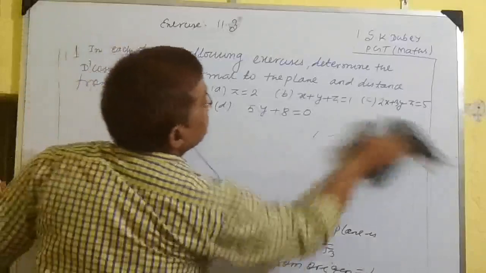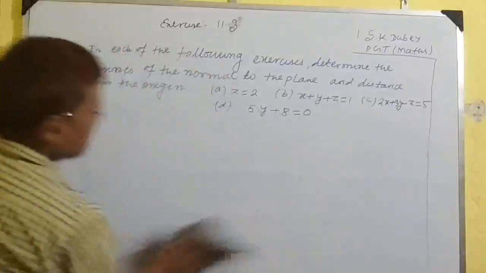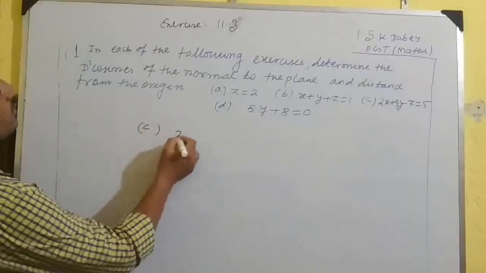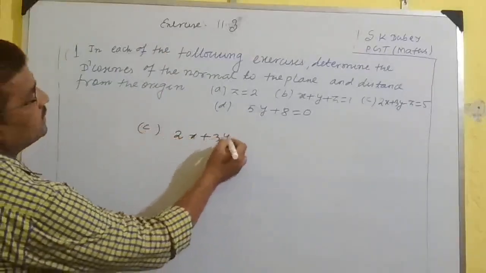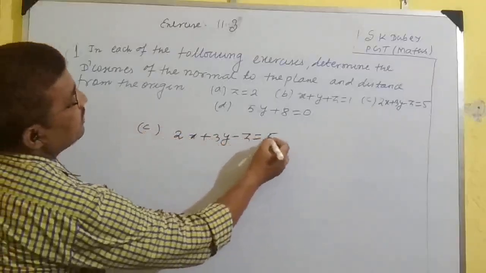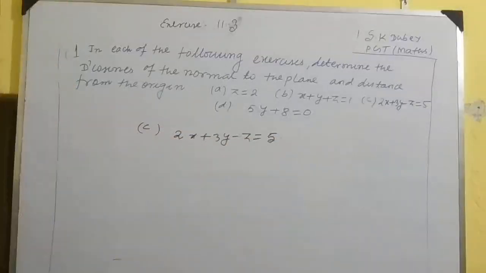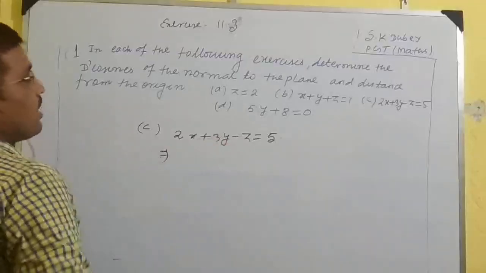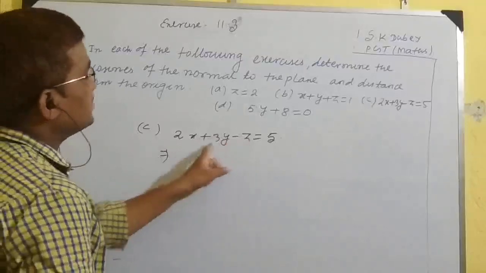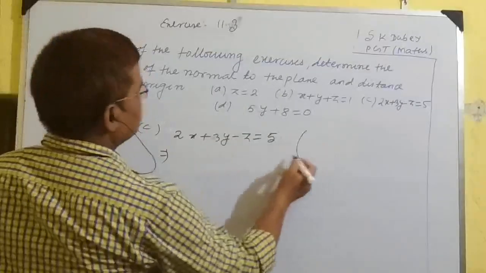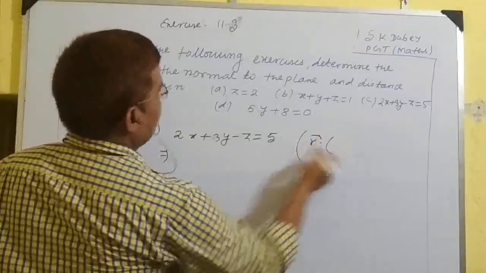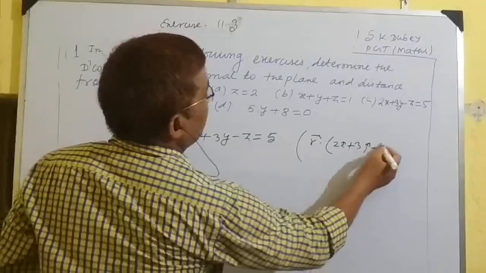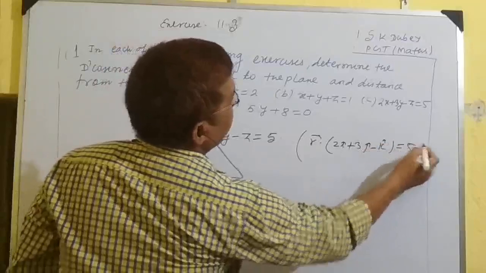Now the next one is question number C, 2x plus 3y minus z is equal to 5. This implies, if we write the vector equation of this plane, we will get r dot (2i plus 3j minus k) is equal to 5.